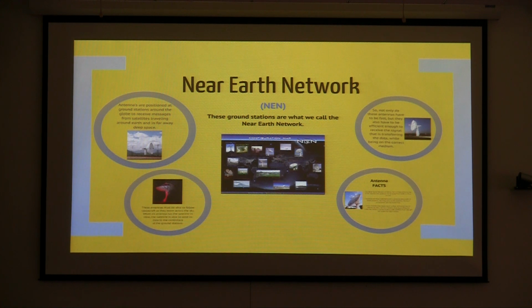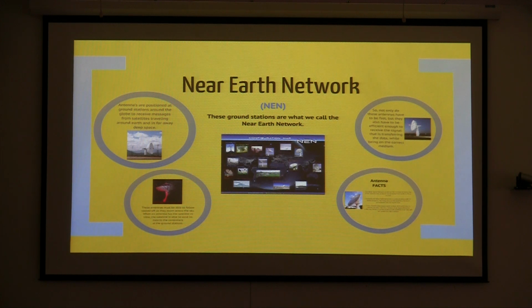But the Near-Earth Network antennas are used to communicate with satellites in low Earth orbit. So like the polar orbiting satellites, the ones that are gathering all the information about the climate and the atmosphere, like GPM, the Global Precipitation Measurement Mission, or the Terra, Aqua, Aura of the Earth Observing System. Those satellites use the Near-Earth Network to dump their data as they pass overhead.